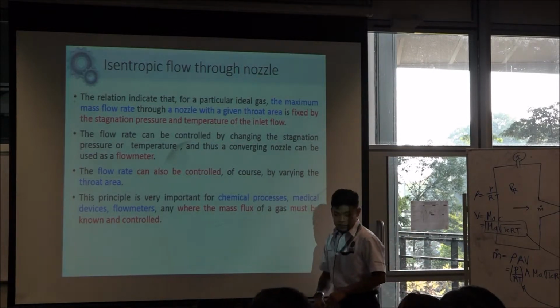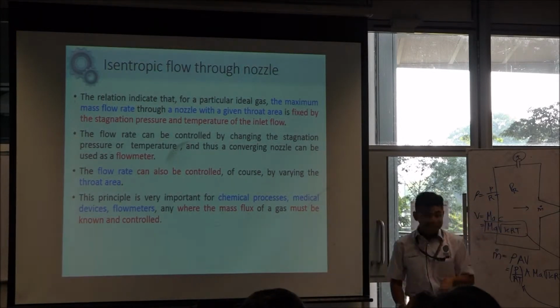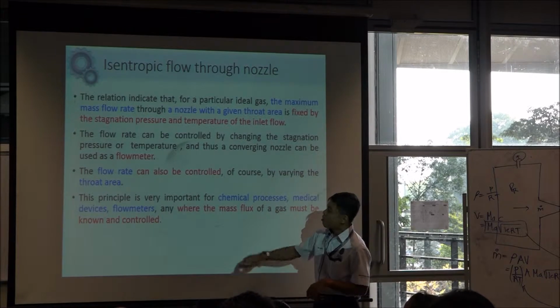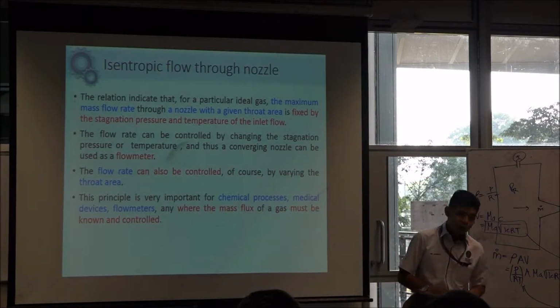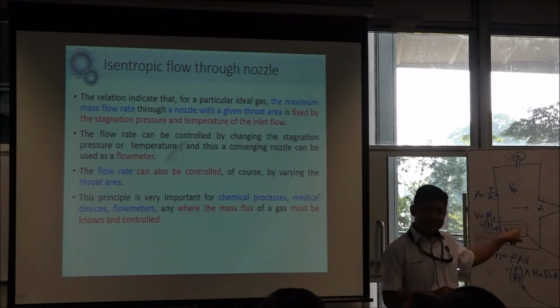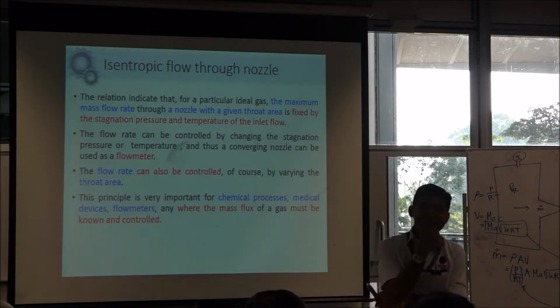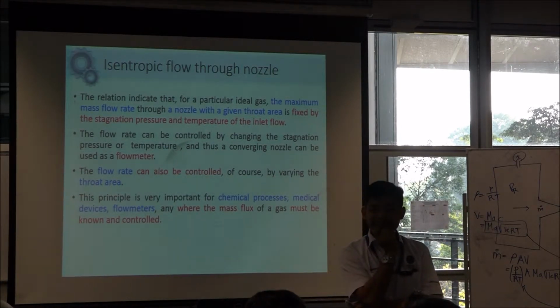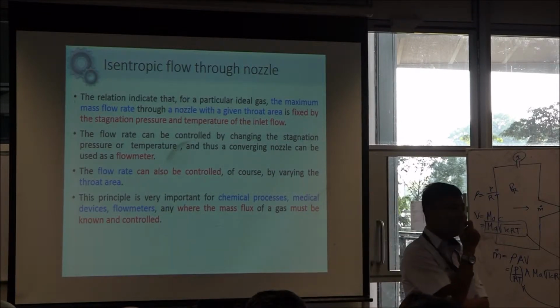This condition gives the application of the nozzle for a flow meter in a compressible flow. In fluid mechanics 1, you see something like this, and it's also used for a flow meter. What's the name of that thing? Venturi meter. In your opinion, is it the same with this one?